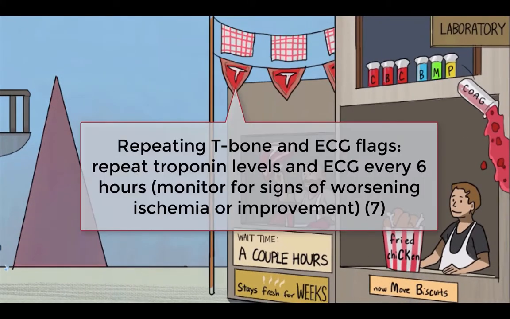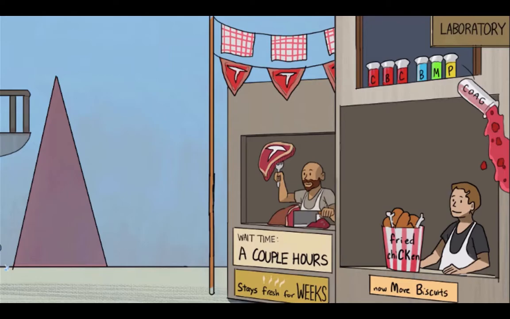In patients hospitalized for ACS, troponin levels and an ECG are checked again in 6-hour intervals to see if there are any signs of worsening ischemia or to monitor for improvement. You may hear this referred to as serial troponins and ECGs. These tests may be performed more frequently if the patient develops new or recurrent symptoms.